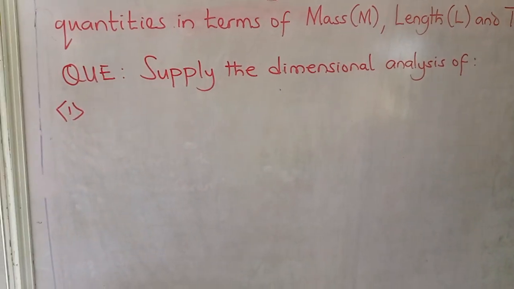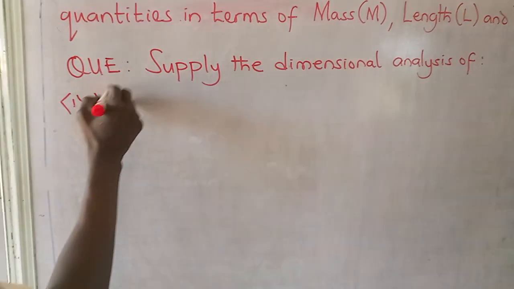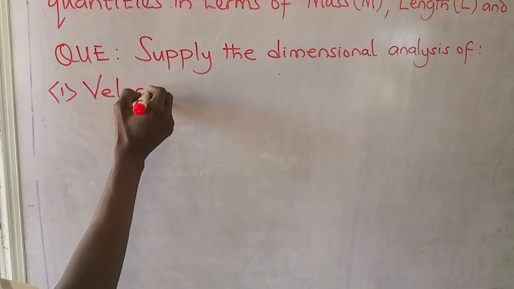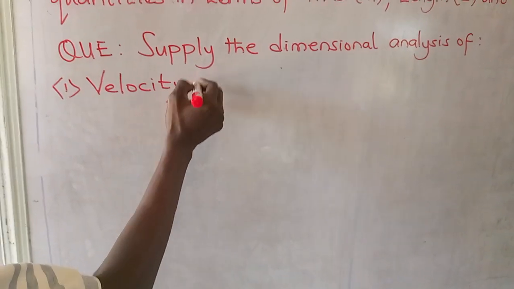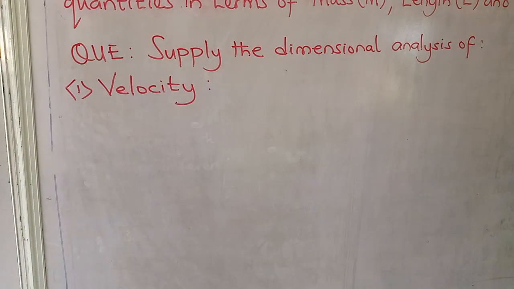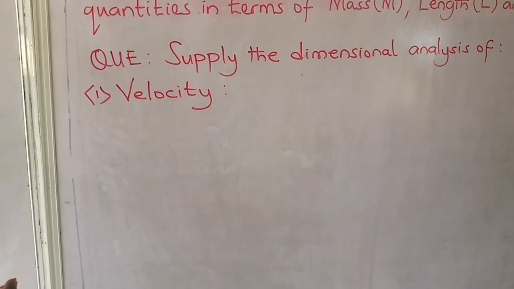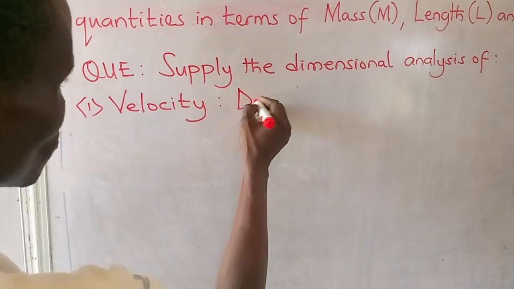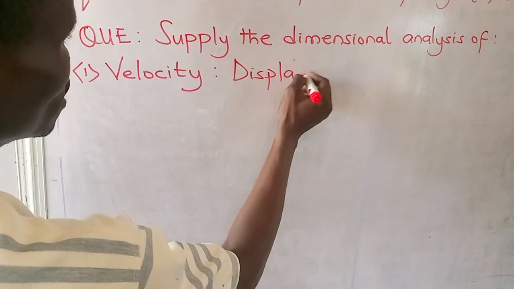So we're going to start with velocity. Let's start with velocity. We say velocity. Velocity is displacement per unit time.